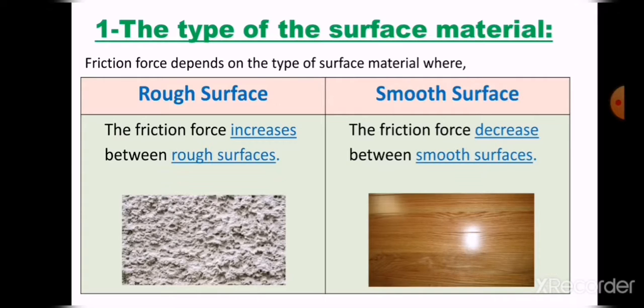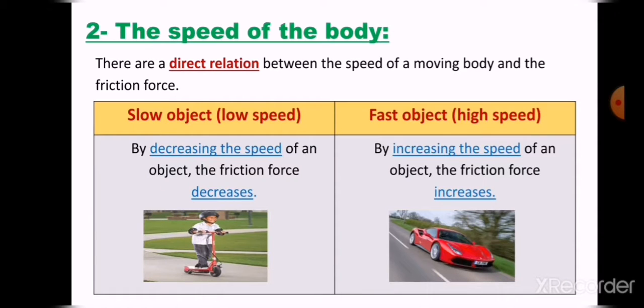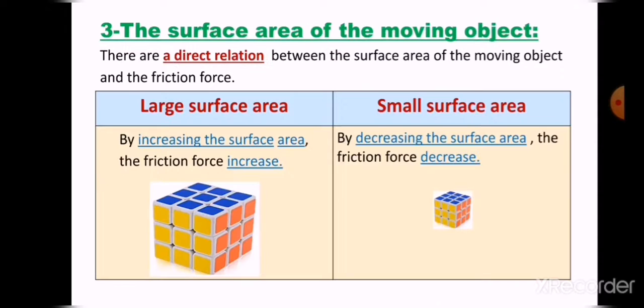Okay? Number 2, the speed of the body. If you move in low speed, the friction force decreases. So by decreasing the speed, the friction force decreases. But if you move in a high speed, by increasing the speed, the friction force increases. Number 3, the surface area of the moving object.